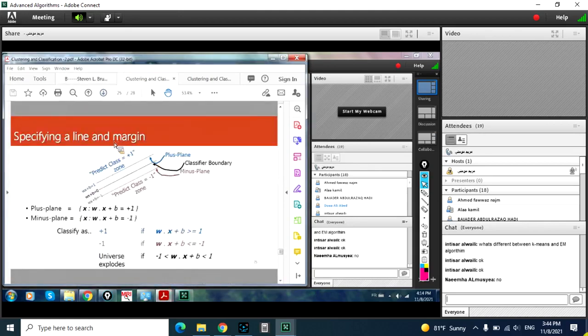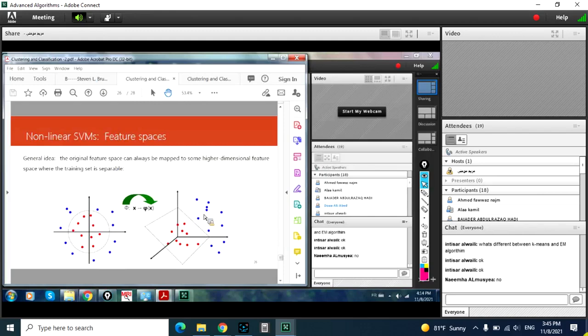Another thing is that, as I said, this is a linear SVM, but we can have a non-linear SVM, and it means that instead of processing the data directly, we map the data to another space, and then according to this new mapping, we classify.